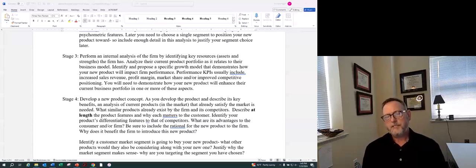The other part of this is, as you're looking internally within the firm, one of the keys to creating a new product concept is understanding the products the company already offers. So the second part of this is to create what we call a product portfolio, which is a list or a chart, an organizational piece that identifies what products they offer and how those products are organized within the firm.